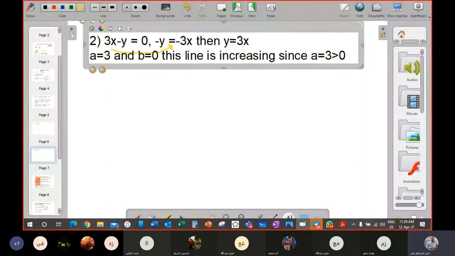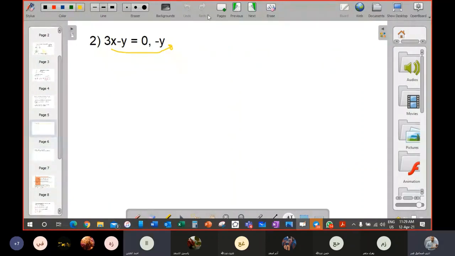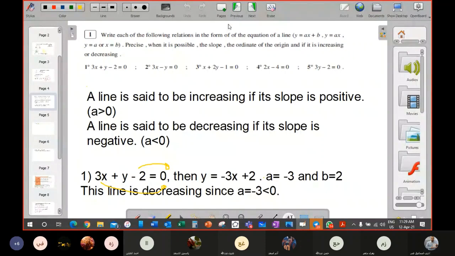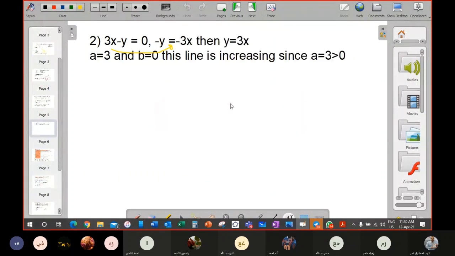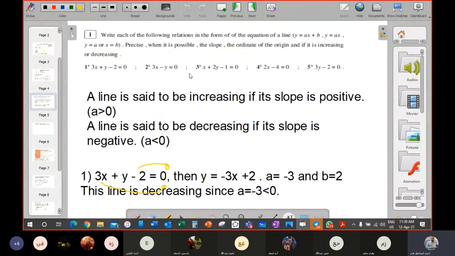Part 3 now. Part 3, x plus 2y minus 1 equals 0.